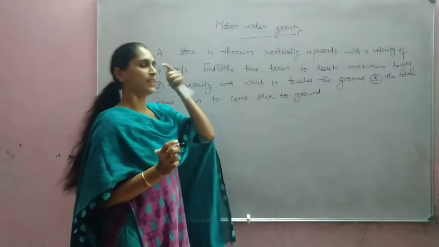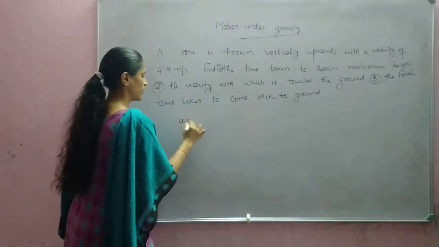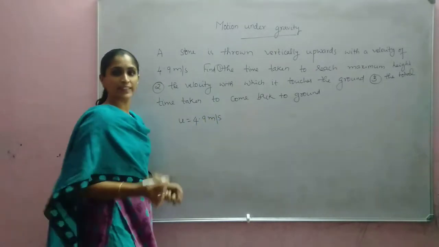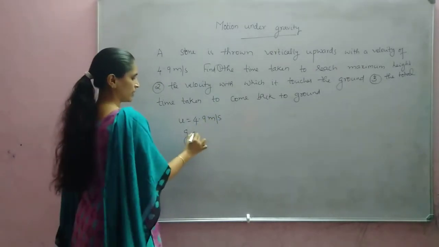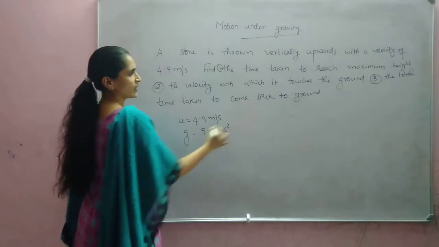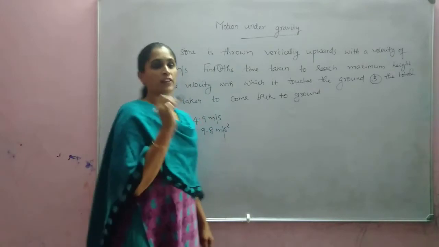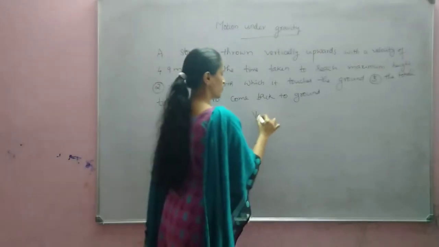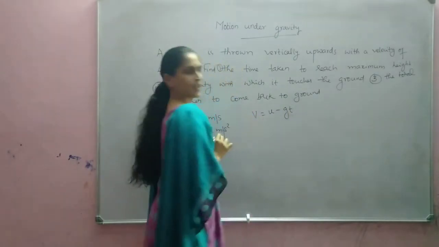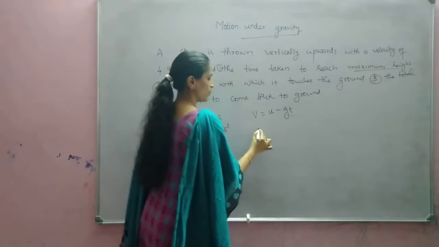The initial velocity is given as 4.9 meter per second. Acceleration due to gravity has the value 9.8 meter per second square. Since the object is thrown upwards, we can use v is equal to u minus gt. When it reaches the maximum height, the final velocity is 0.